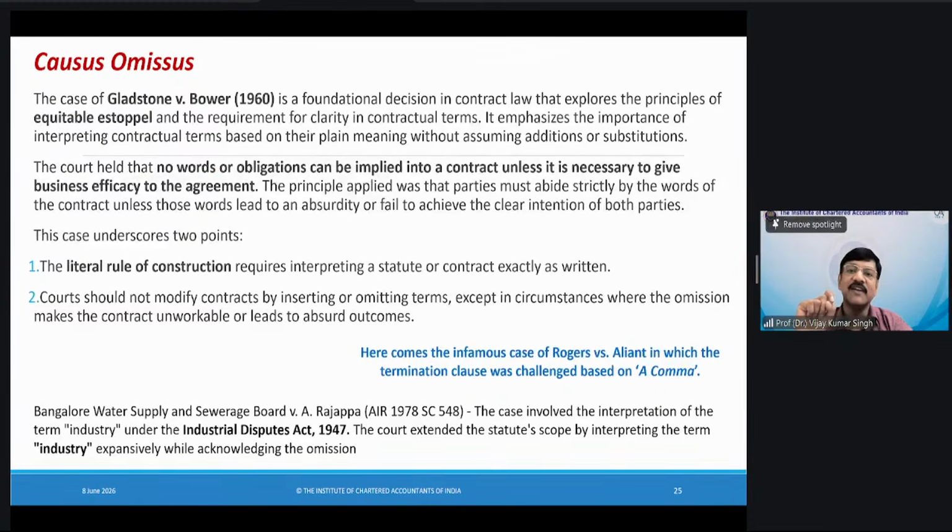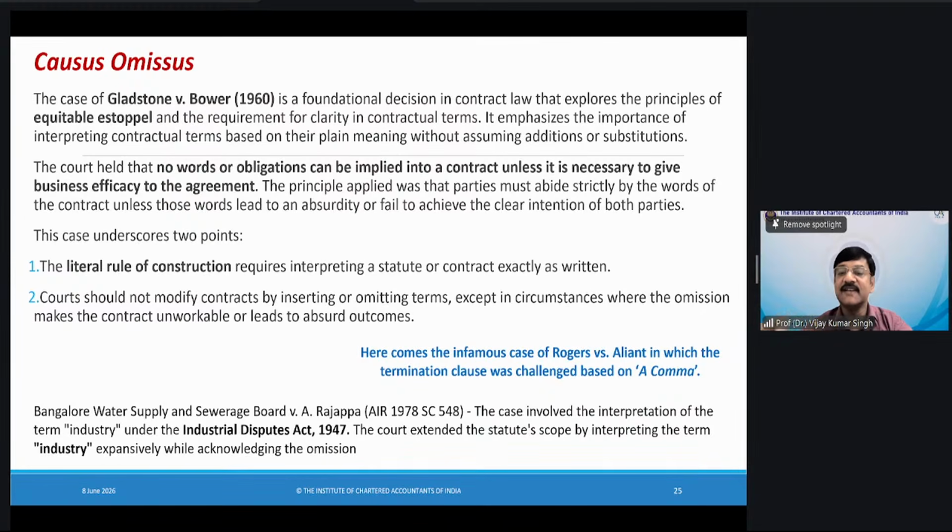So you can see how relevant it is and how important it is for looking at the cases, interpreting the words in a contract or maybe a statute, very important. In another case, Bangalore Water Supply versus Sewerage Board, the case involved the interpretation of the term industry under the Industrial Disputes Act.